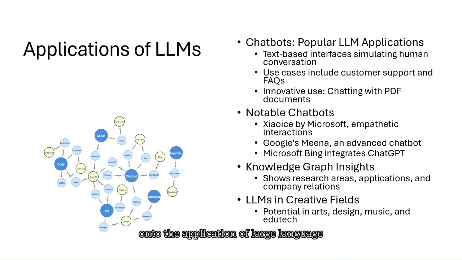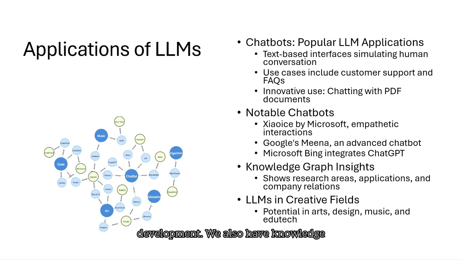Now coming on to the applications of large language models: chatbots are computer programs that mimic human conversations through text-based interfaces. They use large language models and have various use cases, like customer support and answering common questions. Our chat with the PDF document is basically going to be about that. Notable examples are Xiaoice, developed by Microsoft, which expresses empathy, and Google's Meena, an advanced chatbot. Microsoft has also developed Bing, which incorporates ChatGPT, opening up new possibilities for chat development.